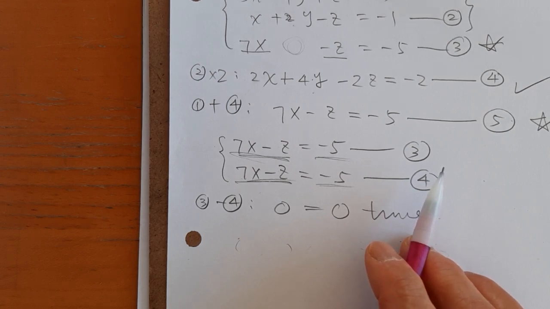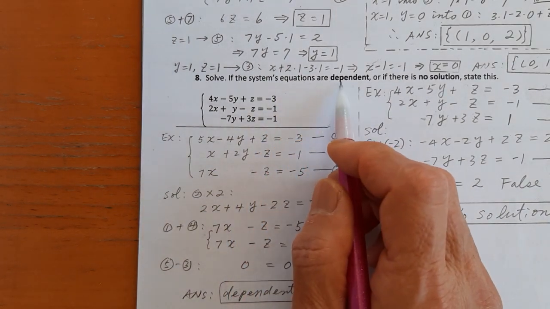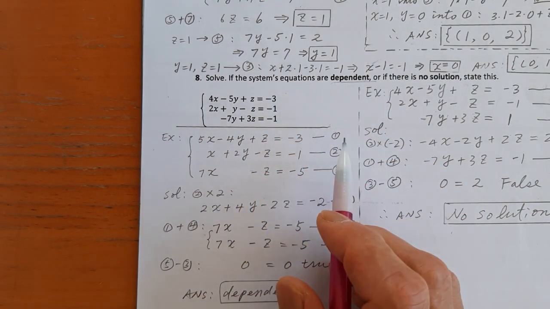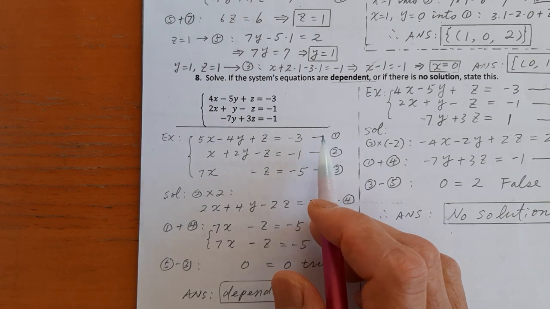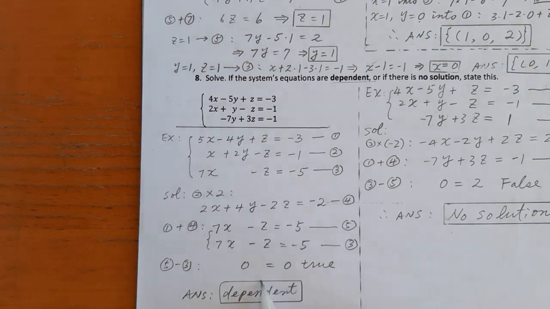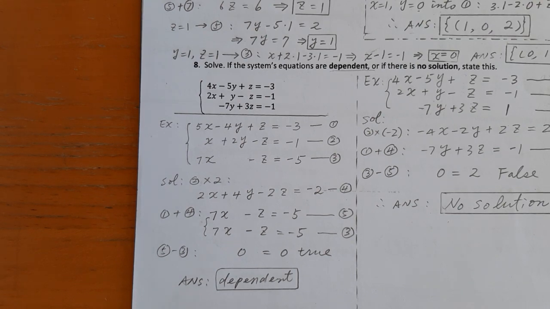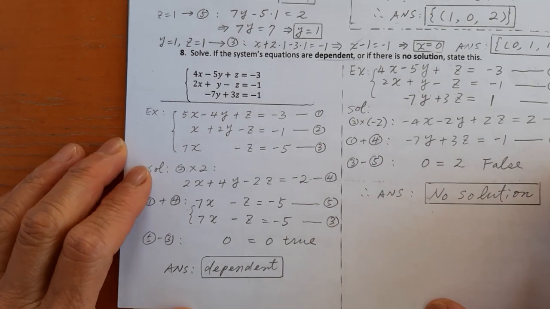I just say that if there are many solutions, we call it a dependent system. If there is no solution, just say no solution. So this one you just say dependent. It is always true, so you say dependent.